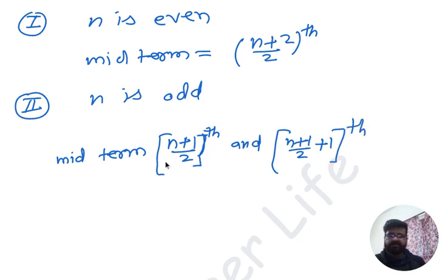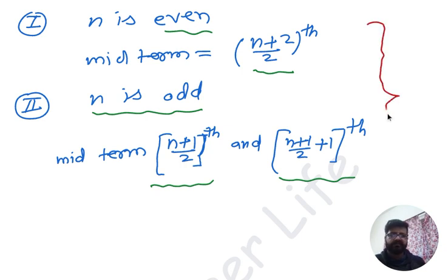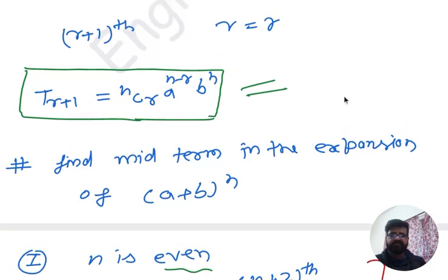So there will be two midterms, 1 and 2, if n is odd. There are very high chances of a question coming from this topic, these two formulas, and from this.